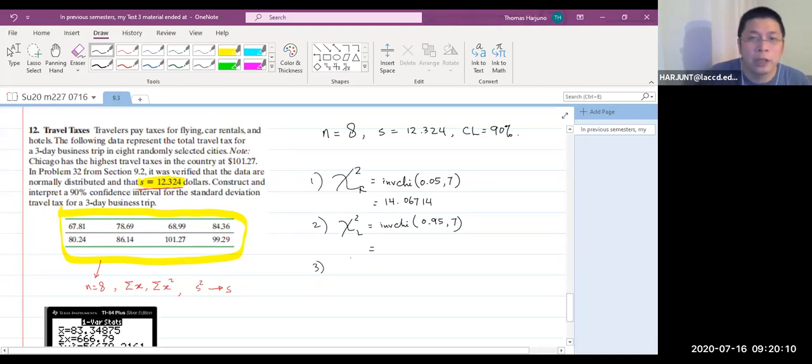While waiting, let me write the 90% confidence interval for sigma squared. This is 2.16735.